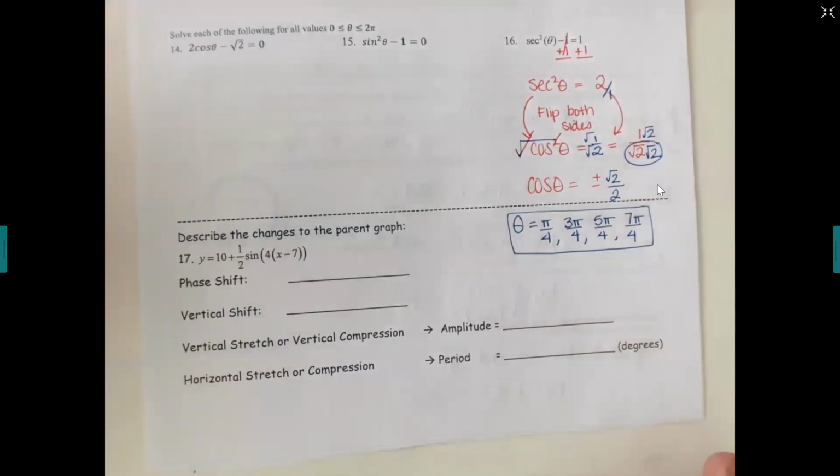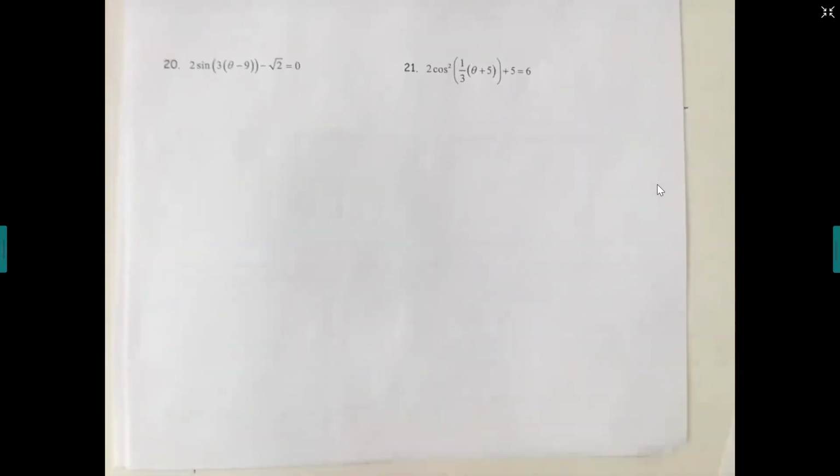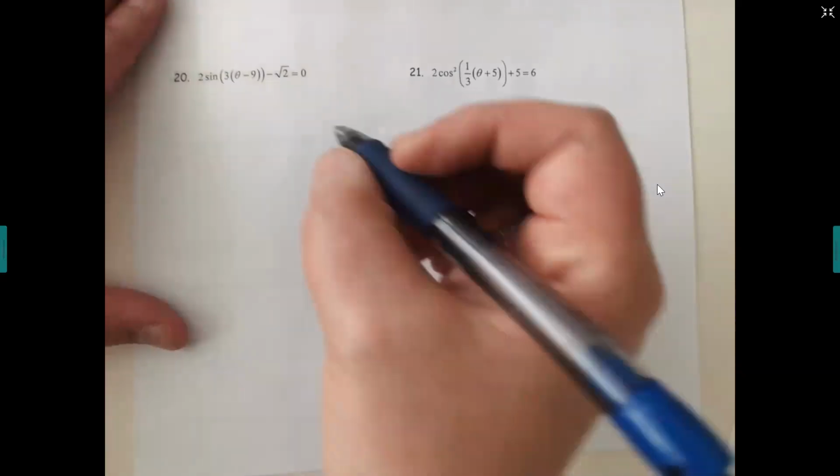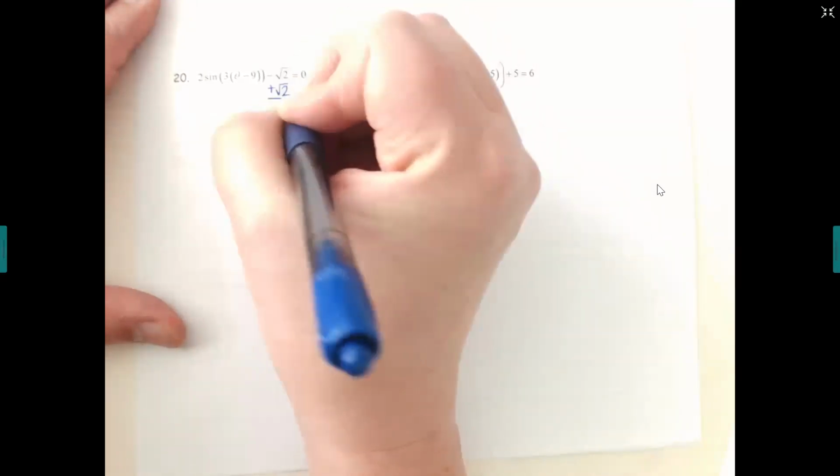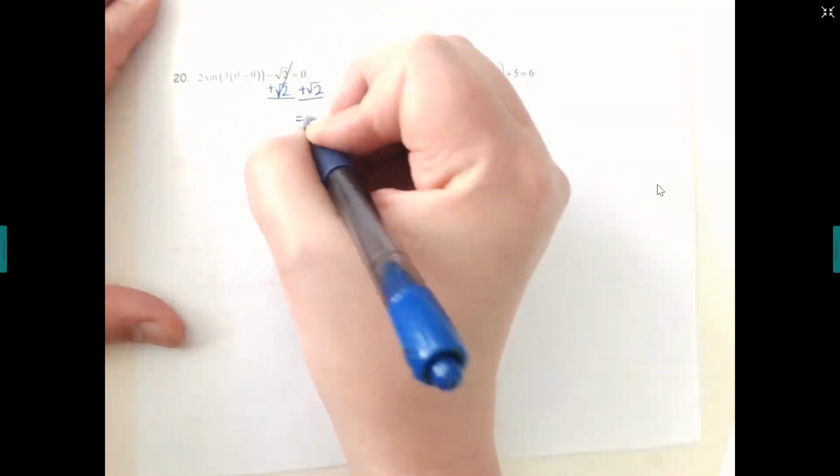All right, very good. Go ahead and turn to the very last page, please. Okay, we're going to do one example from the next section. Let's do number 20. First thing, what do you imagine I ought to do? Add the root 2, very good. So when I add that to 0, it's just going to be a root 2.